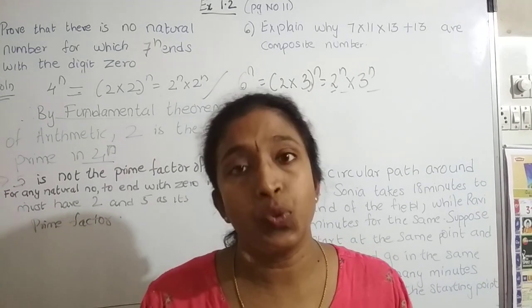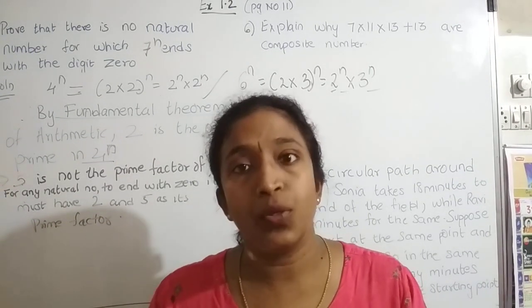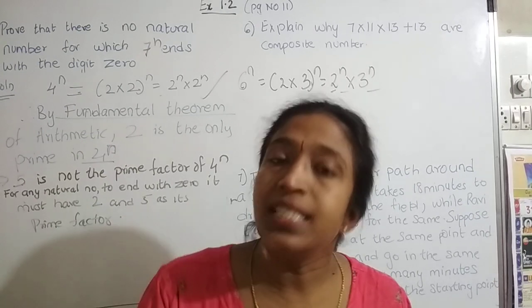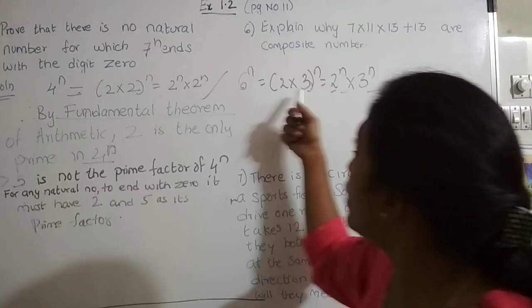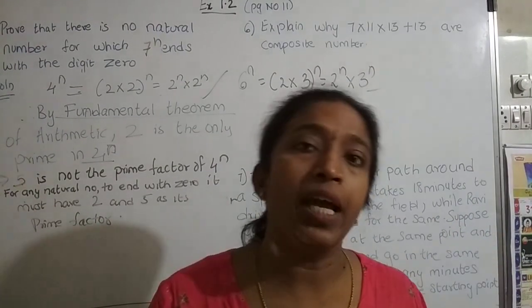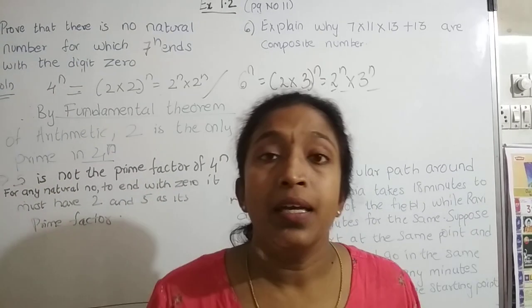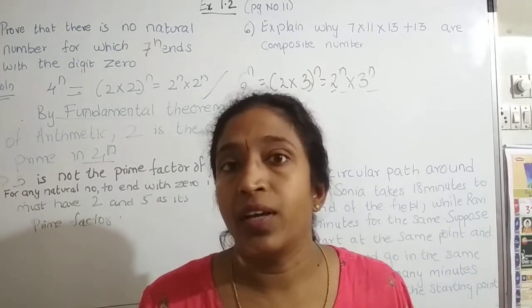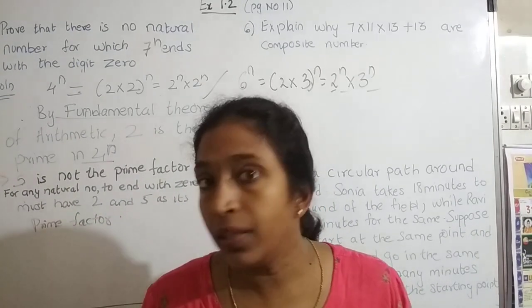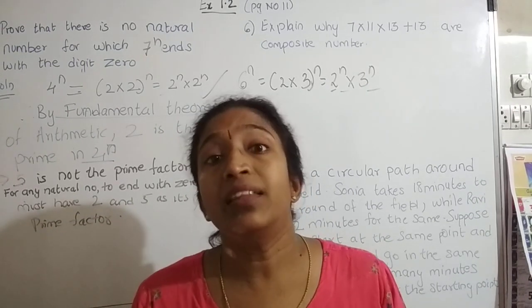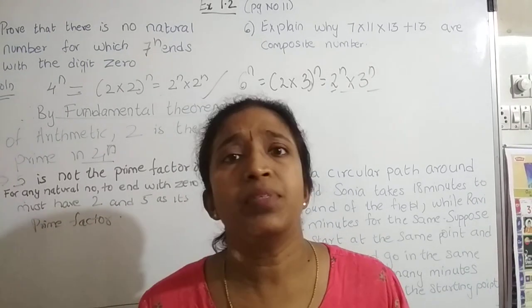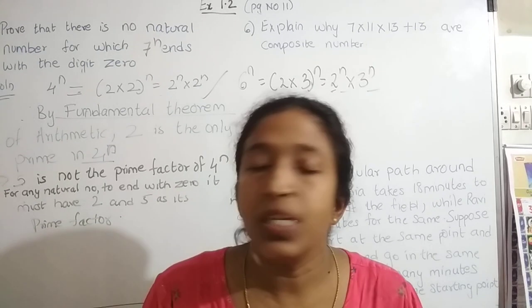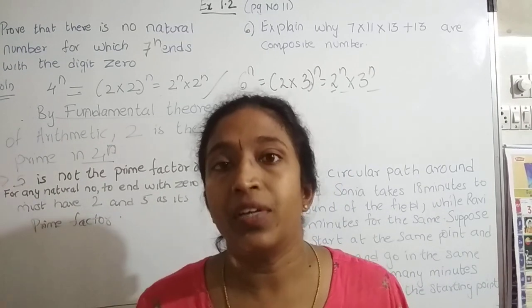For 6 raised to n to end with digit 0, it must have 5 as a prime factor, because 2 is already present. Which is not there, because by the fundamental theorem of arithmetic 2 and 3 are the only primes in 6 raised to n. Therefore 6 raised to n can never end with digit 0.